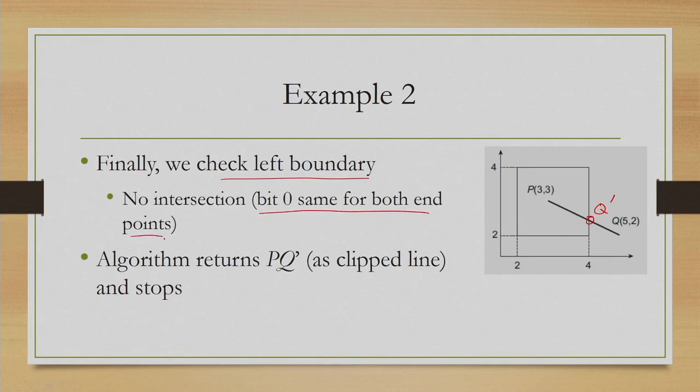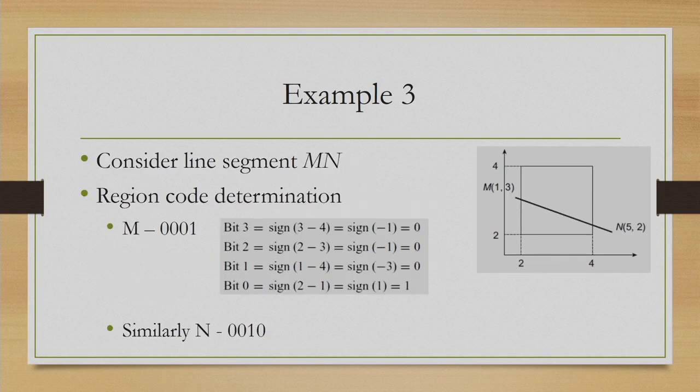So, there is no intersection, and so at the end of the algorithm we get PQ dash as the clipped line. So, that is how we can check for clipping following this algorithm. Let us see one more example.